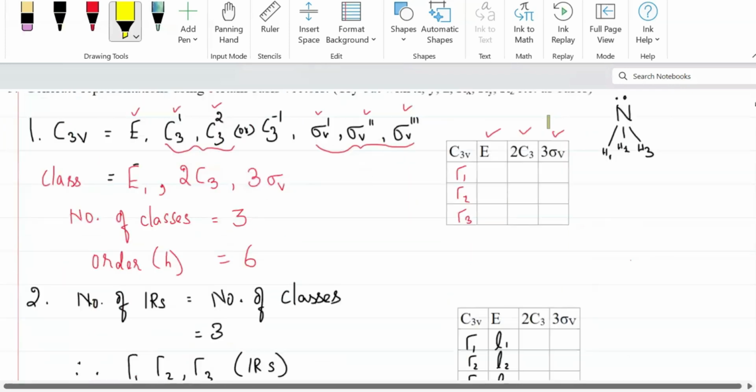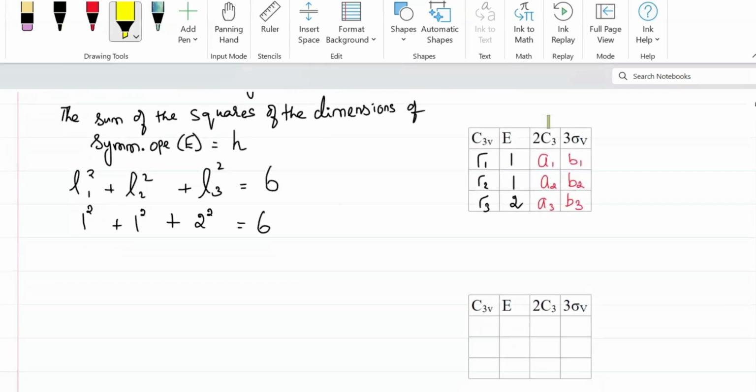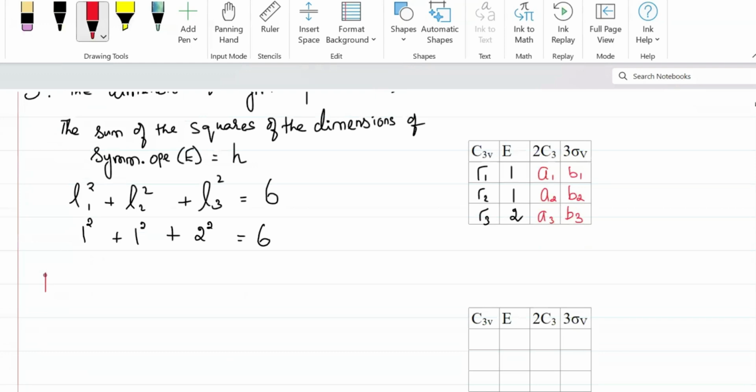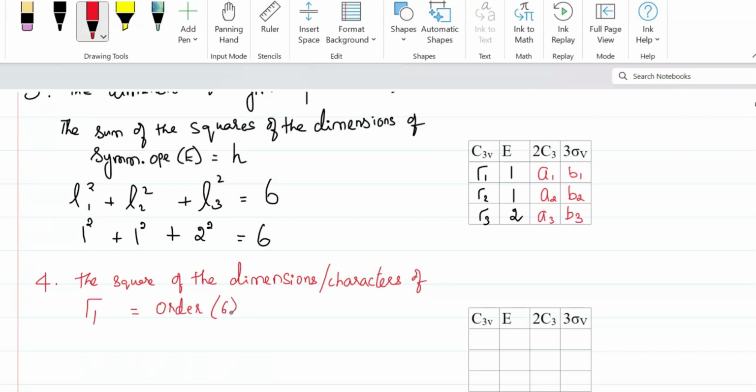So using that rule, the next fourth step: the sum of the squares of the dimensions or the characters of any irreducible representation, in this case the first irreducible representation, should be equivalent to the order of the group, and that is actually 6.